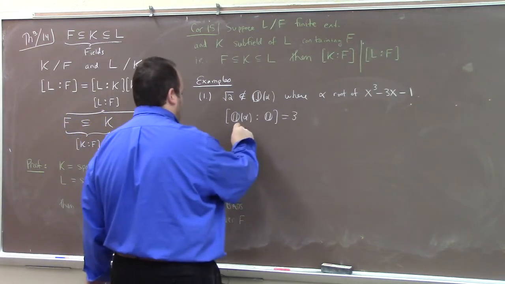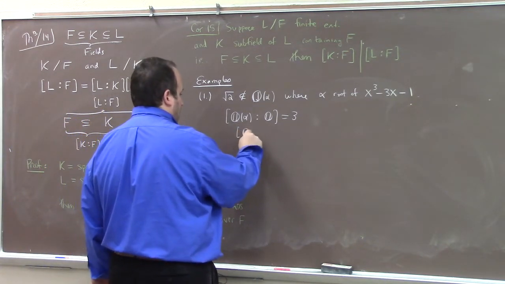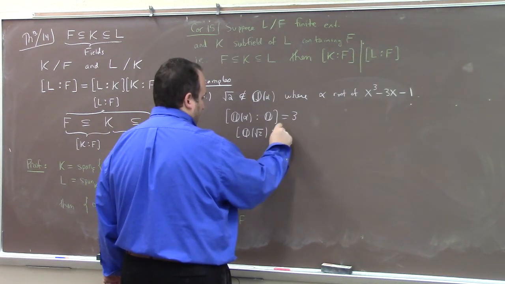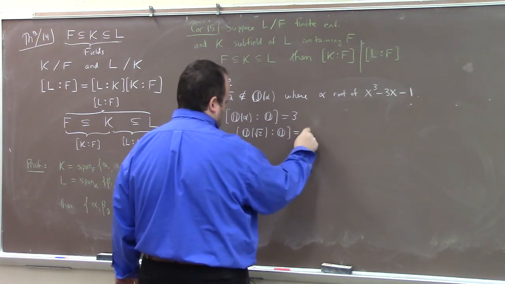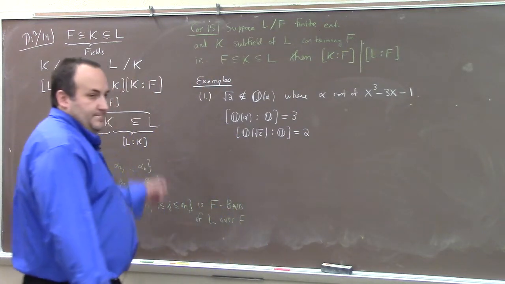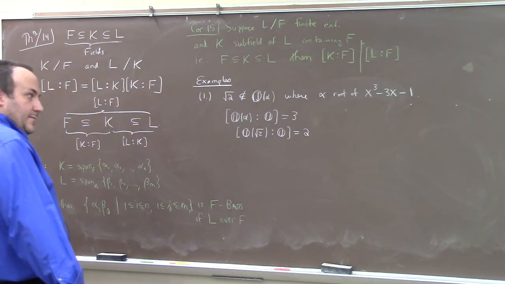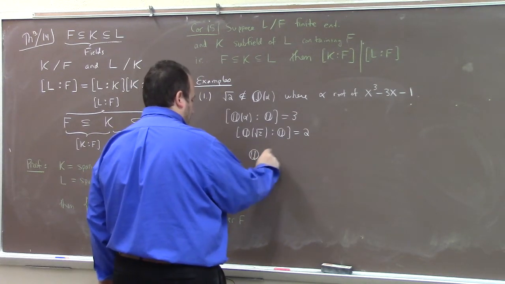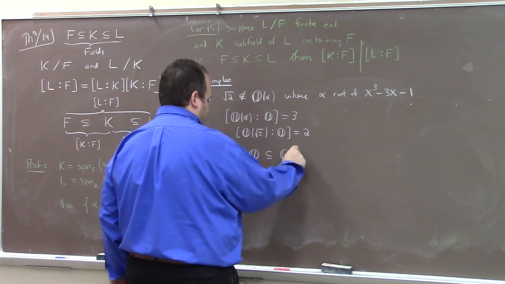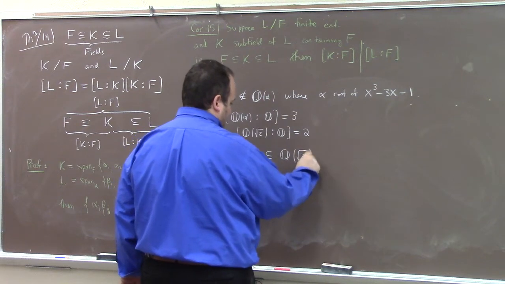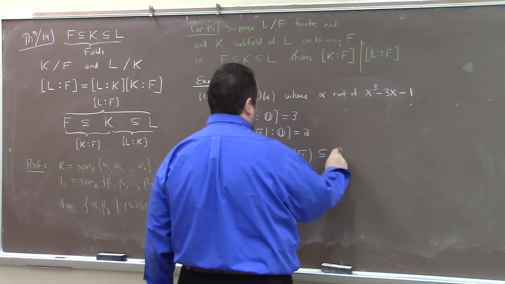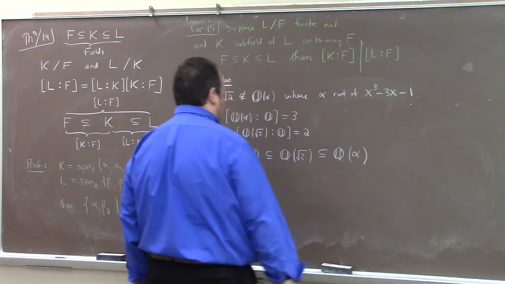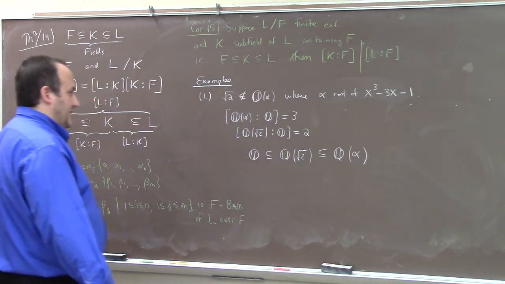The degree of Q adjoin the square root of 2 over Q is 2. They're not divisible, so you cannot have the situation where Q is a subset of Q adjoin root 2 inside Q adjoin alpha. As you said, 2 does not divide 3.